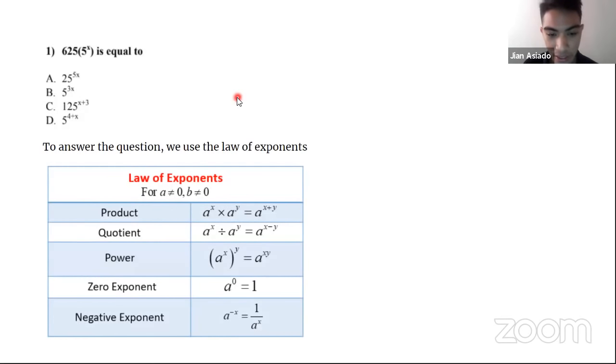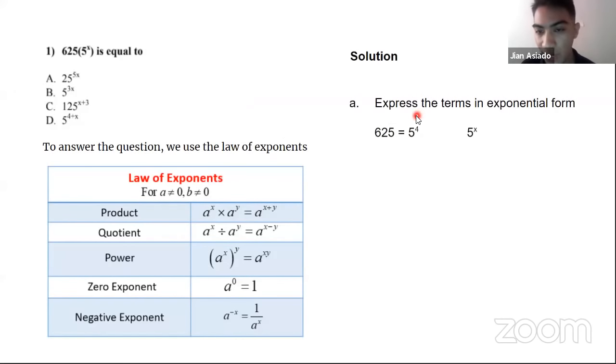These laws of exponents are very valuable to simplify large numbers. For example, for this one, 2x, we have to express a term in exponential form.